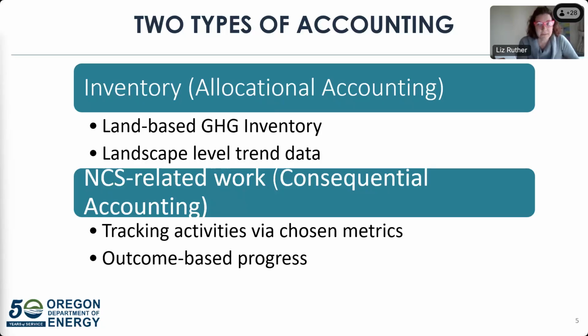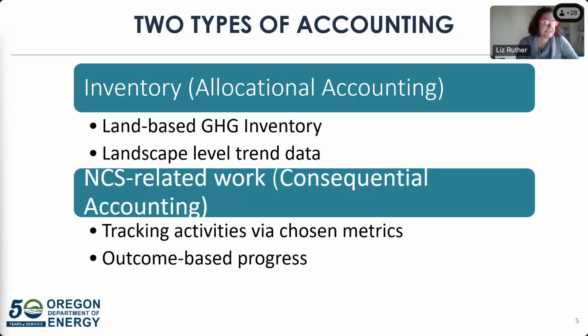So because I'm a fan of analogies in bookstores, I'm gonna try and do a bookstore analogy. So bear with me. Inventorying books in a bookstore is a type of allocational accounting, and doing so tells you the contents of the bookstore. And after repeated inventories, relays trends information.